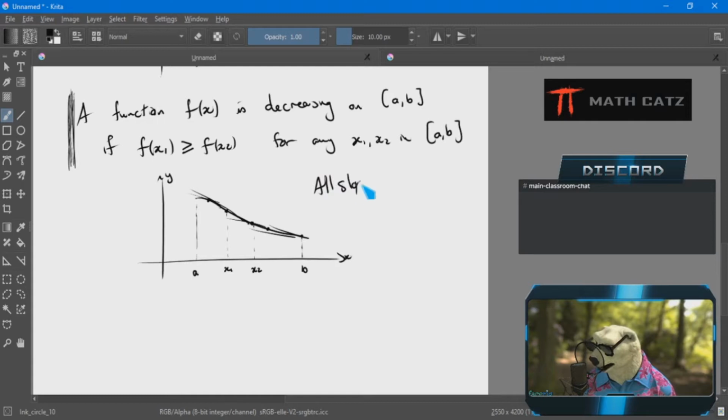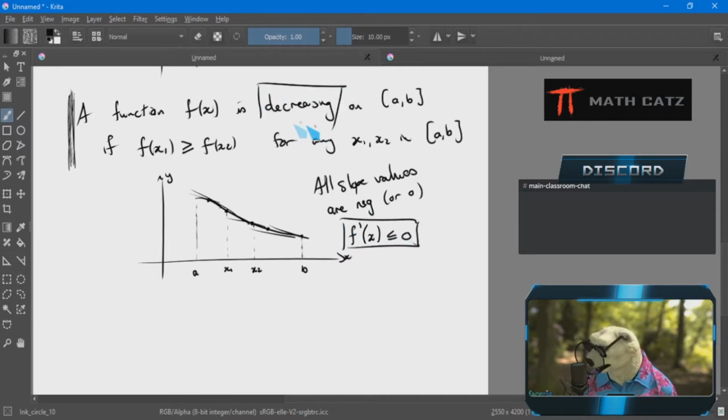So all slope values in a section like this are negative or 0, meaning that my derivative needs to be less than or equal to 0. So again, for increasing and decreasing behavior, I just need to check where the derivative is. I'll just relax and say always positive, negative, understanding that 0 is okay.